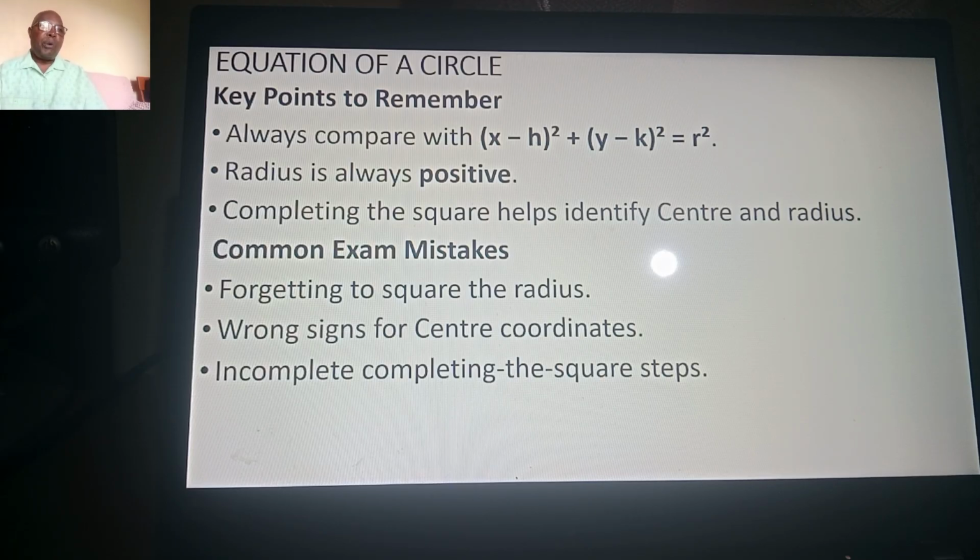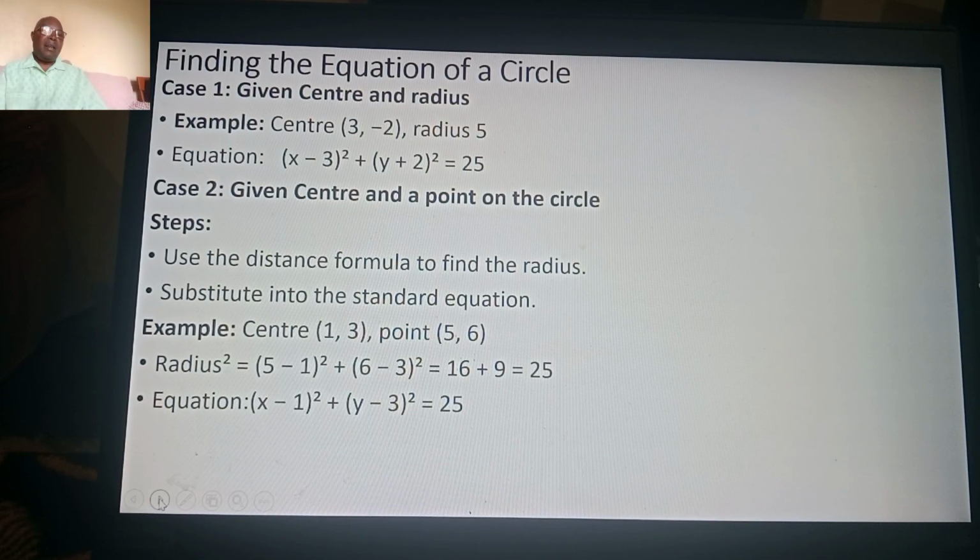Radius is always positive, and completing the square helps identify center and radius, as you will very soon see. Common exam mistakes include forgetting to square the radius, wrong signs for center coordinates, and incomplete completing the square steps.